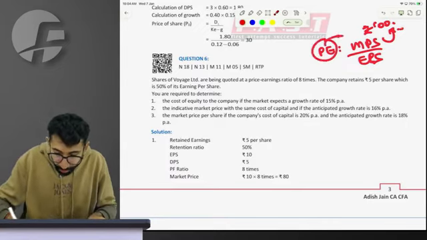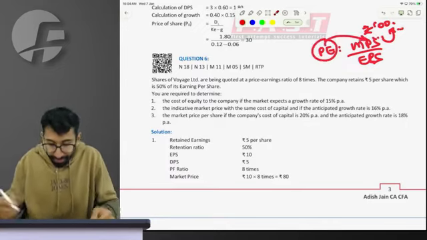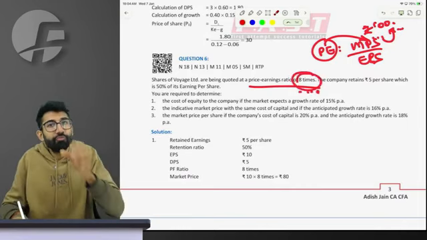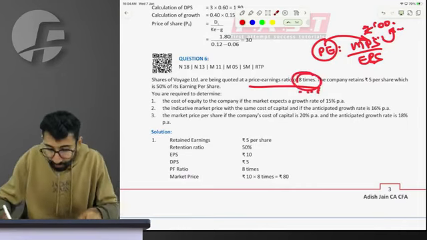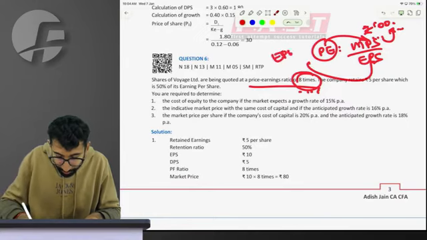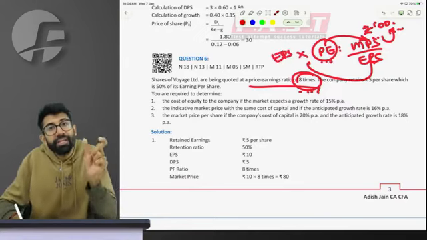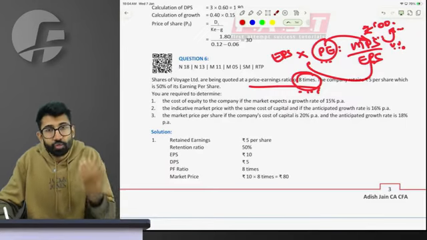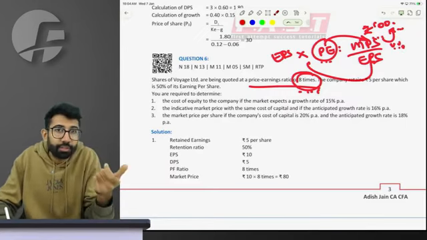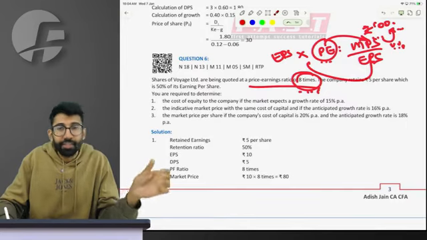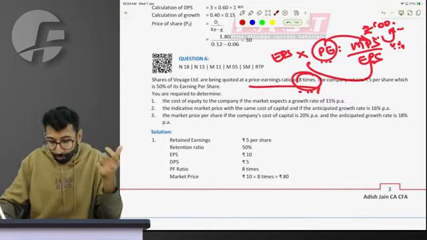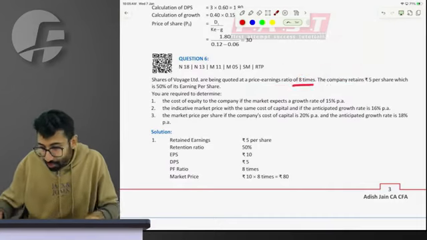But the P/E ratio depends on the market price, which is why we say it is quoted at a P/E ratio of 8 times, meaning whatever its EPS is, multiplied by the P/E ratio gives the MPS. So just as you use the word quoted with the market price, you can use it with the P/E ratio.